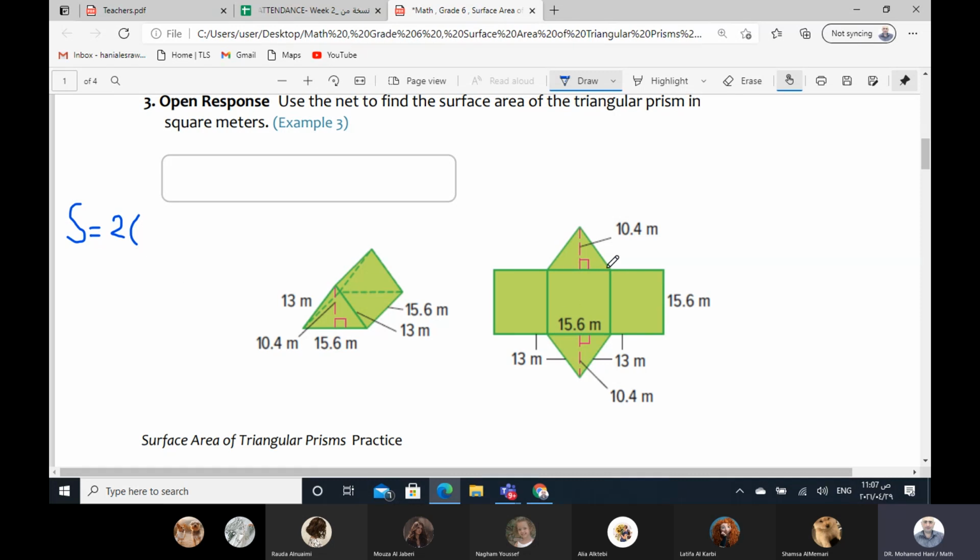So the area of the triangle will be 1 over 2 multiplied by the base, 15.6, multiplied by the height, 10.4.